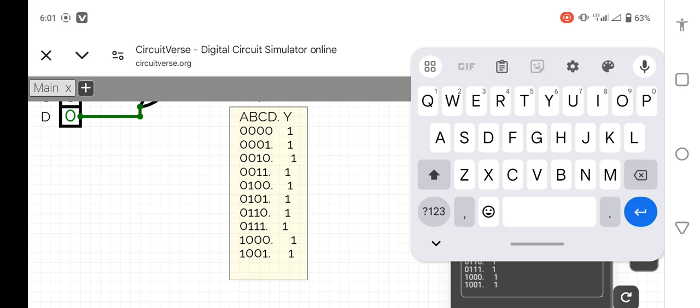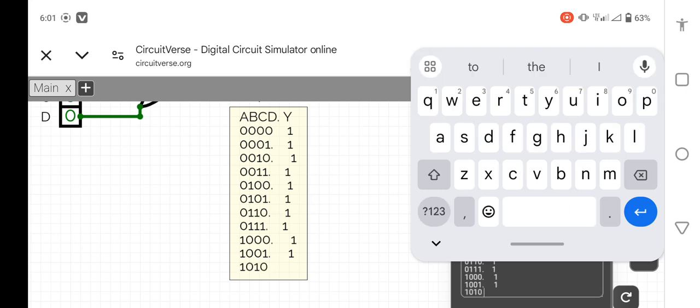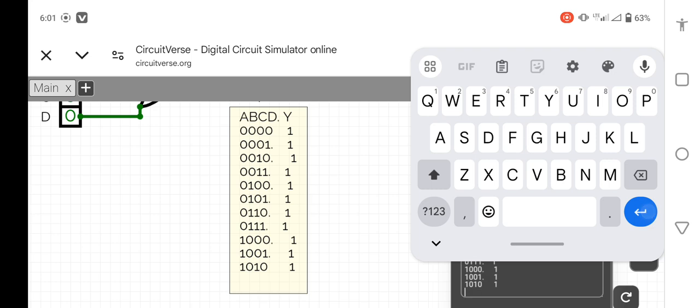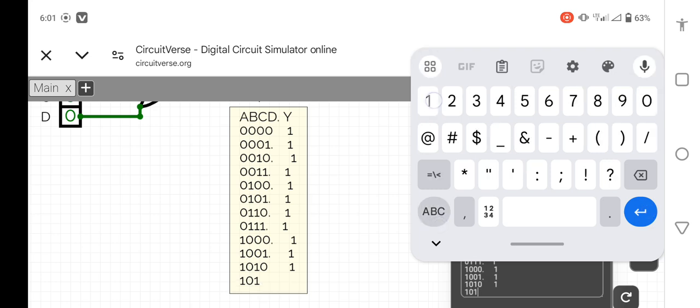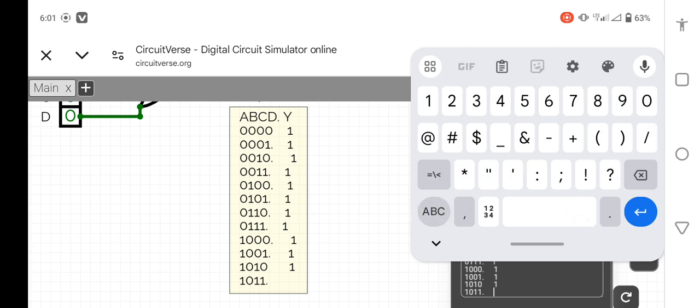For the 11th we have 1010. So the output is also 1. For the 12th input we have 1011. So the output is also 1.